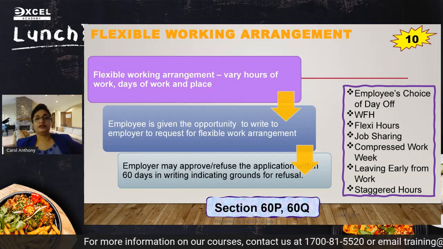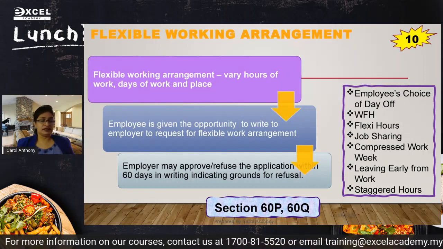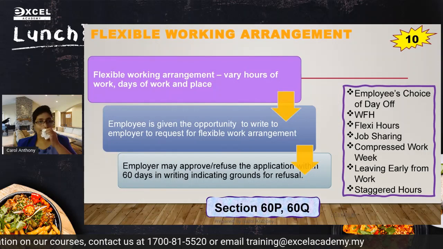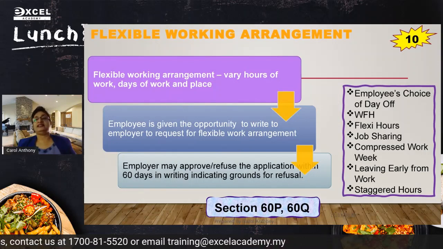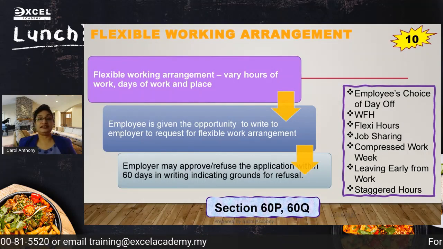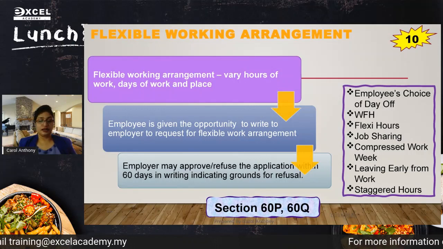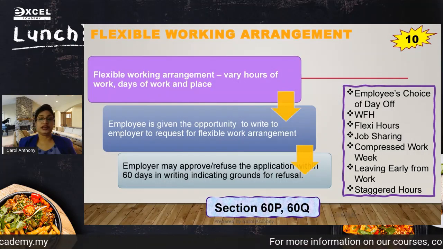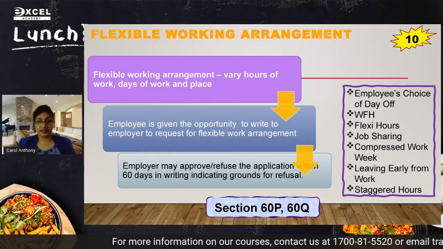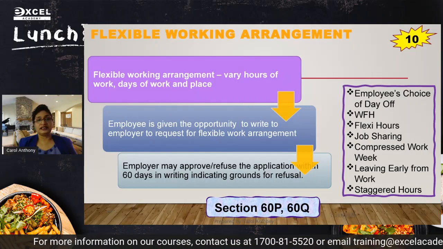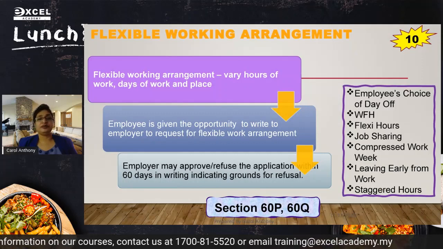All right. So because of the situation of the pandemic and talking about work-life balance for employees as well, this clause in the Act is introduced. So it must be enforced from 1st January 2023. So what does it mean? Flexible working arrangement.